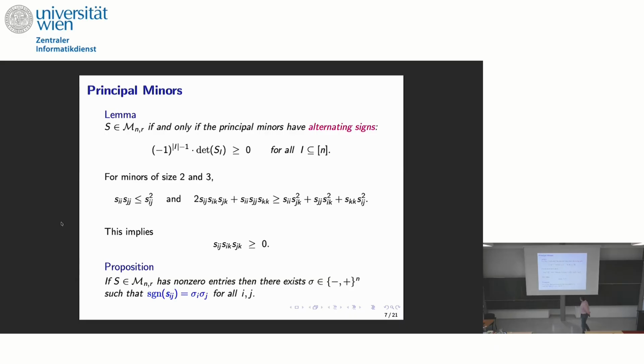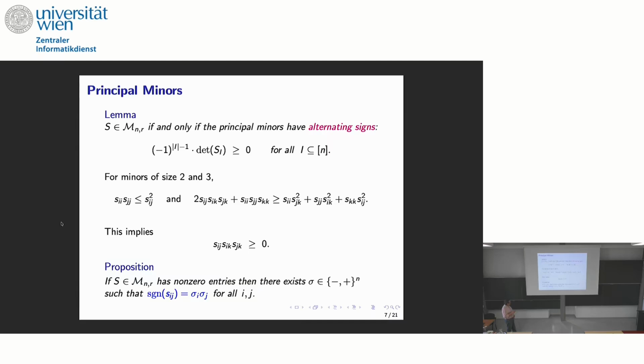It's a little exercise that this inequality together with this inequality implies that the product S_ij times S_ik times S_jk is non-negative for any 3 indices. If you play with these two things, you get this inequality. So you have 3 numbers whose product is not allowed to be negative, which has some strong consequences, summarized in the following proposition.